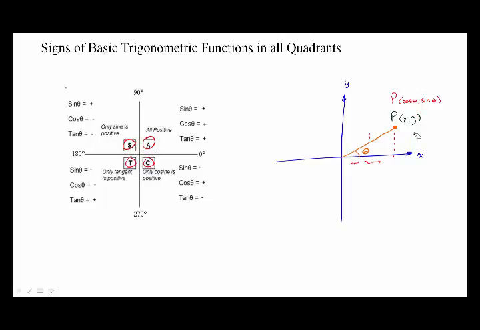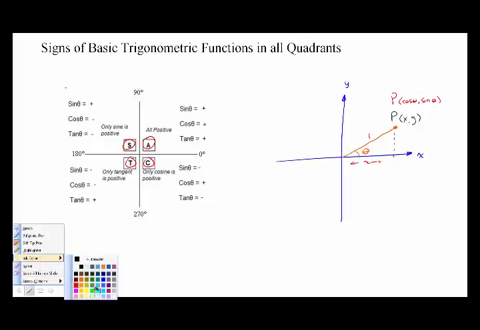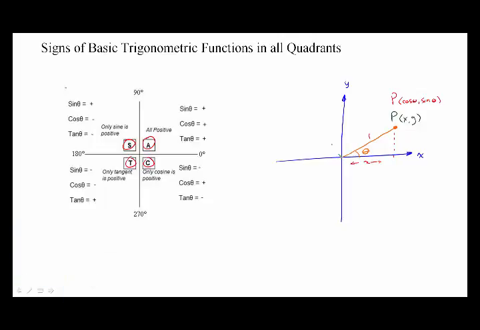What if I put my angle over here, though? Let's do a green one. I'll do an angle here, like this. So there's my reference angle. The other one's the same, it's just the same angle. What do I know about my x? My x value here is negative.